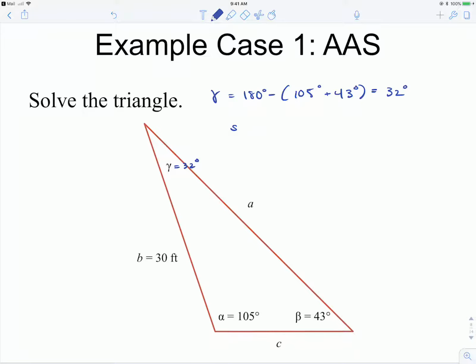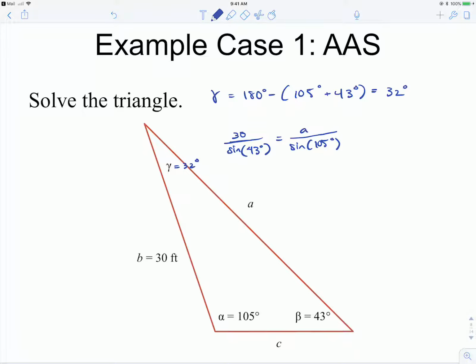Since we're solving for side a, why don't we put the sides in the numerator? So we'll do 30 over sine of 43 degrees equals a over sine of 105 degrees.